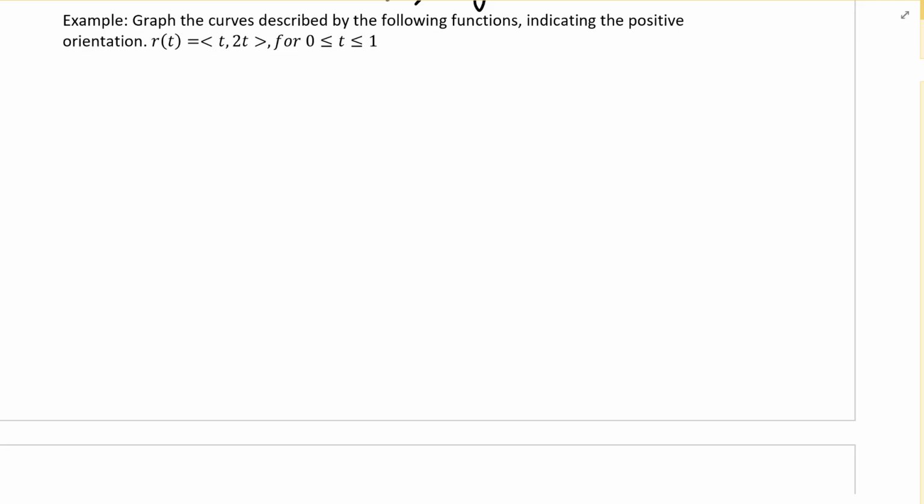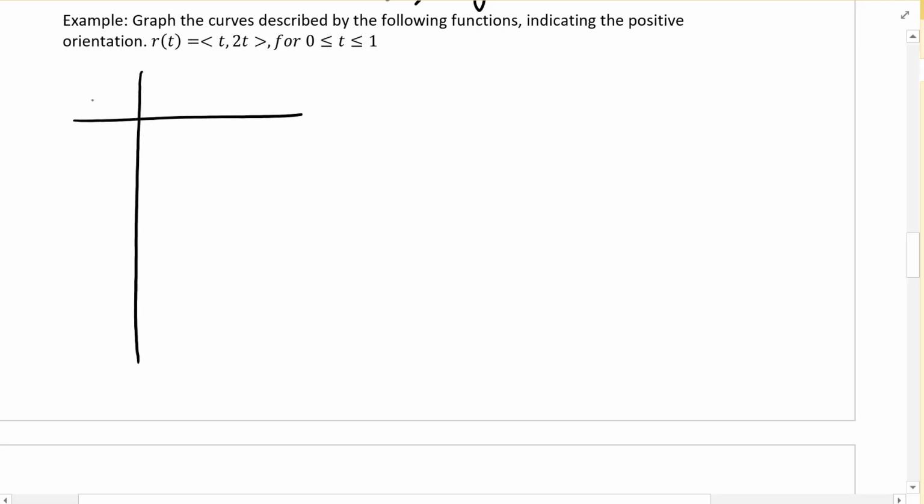Let's do another problem. Graph the curves described by the following functions indicating the positive orientation. r of t is equal to t, 2t for t between 0 and 1. So let's make a table of values. Let's put t and then r of t, which is t and 2t.